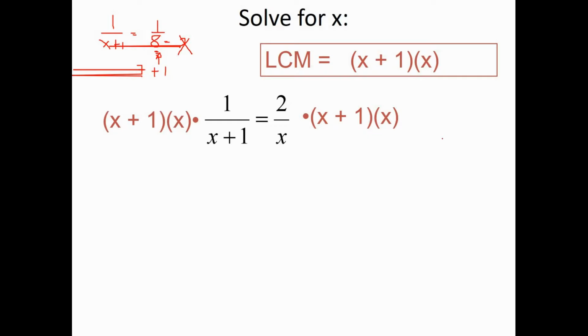So, sa left side of the equation, magiging 1 si x plus 1. So, 1 times x is x. Sa right side of the equation naman, ang matitira is si 2x plus 2. So, as you distribute 2x.